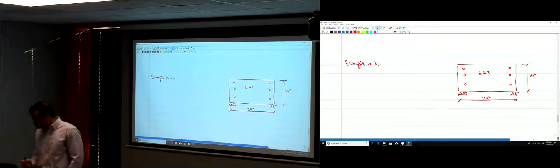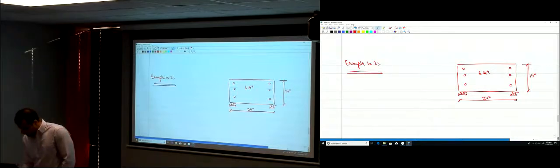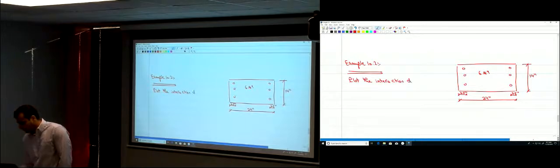We're required to plot the interaction diagram for the shown column.